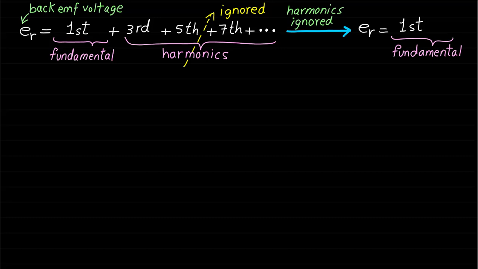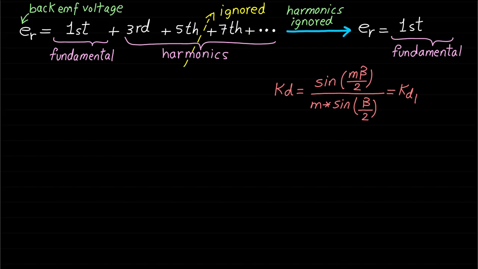Now, if we ignore the harmonic components and use distributed coils or windings, the distribution factor Kd that we derived will represent the distribution factor of the fundamental components. It is very important to know that the harmonics of the induced EMF voltage in practical machines can be significant and cannot be ignored.